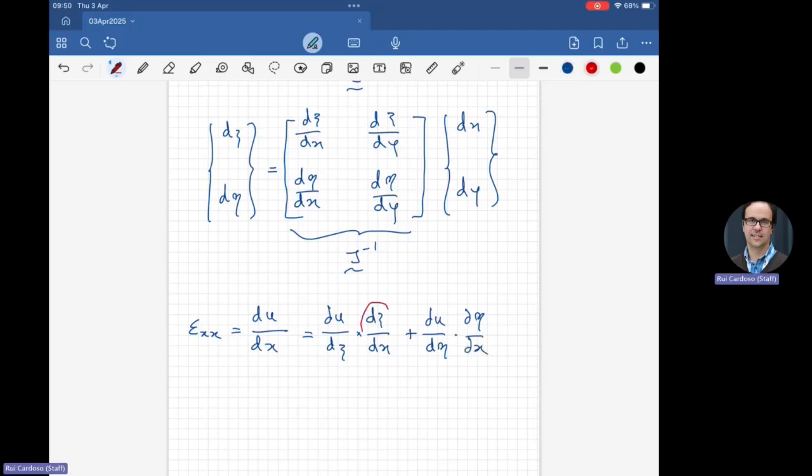Well, this dc dx and deta dx, they are here somewhere. Dc dx is here in the inverse of the Jacobian, right? The deta dx is here, right?